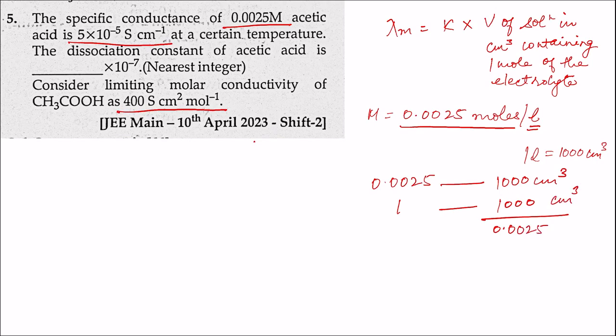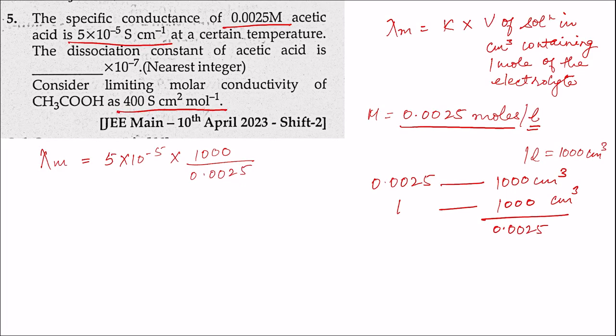So, putting the values in the formula, molar conductivity is equal to specific conductance, that is 5 into 10 to the power minus 5, multiplied by volume of solution containing 1 mole of electrolyte. Now the volume of solution containing 1 mole of electrolyte is 1000 divided by 0.0025 centimeter cube.